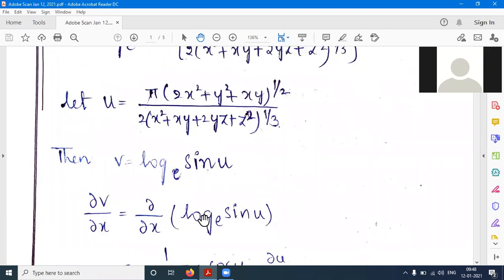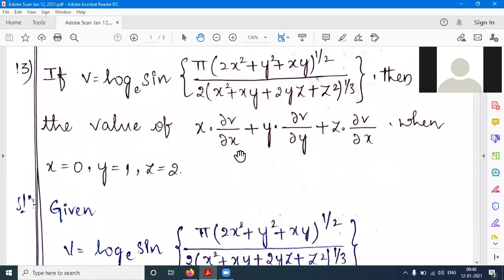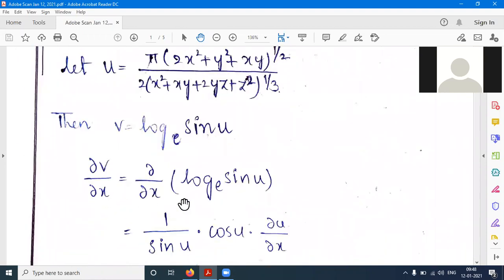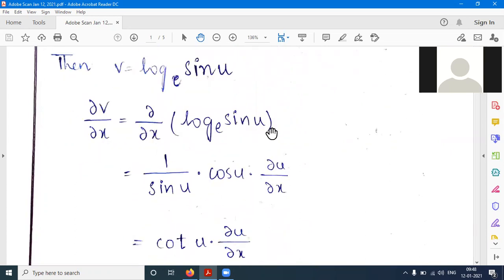So first, dou v by dou x. Dou v by dou x is equal to dou by dou x of log sine u. Differentiation of log x is 1 by x, so in place of x, sine u, that is 1 by sin u. Again, differentiation of sin u is cos u, and we are differentiating with respect to x, so dou u by dou x.